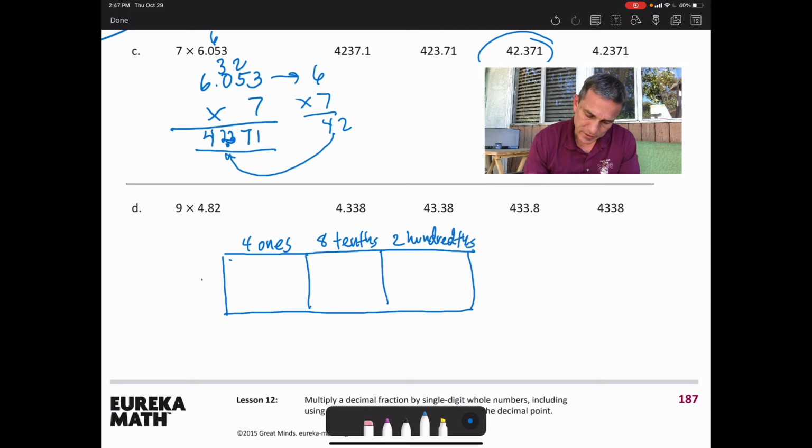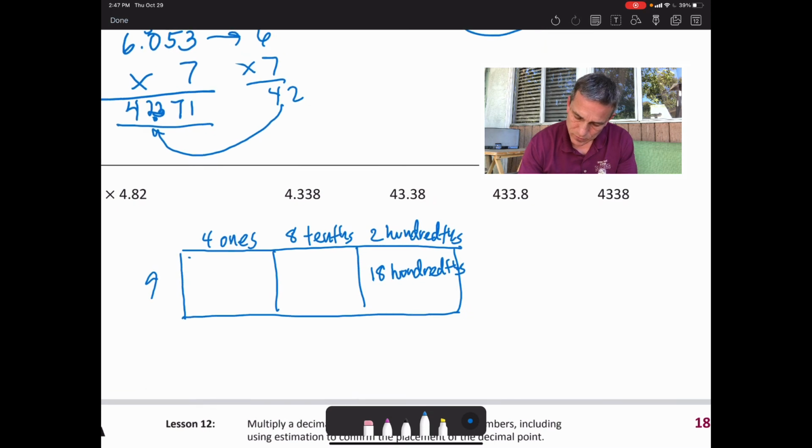And I'm multiplying by 9. So I start with the smallest place value first. 9 times 2 hundredths is 18 hundredths. And in standard form, 18 hundredths looks like 0.18, with the 8 in the hundredths place.